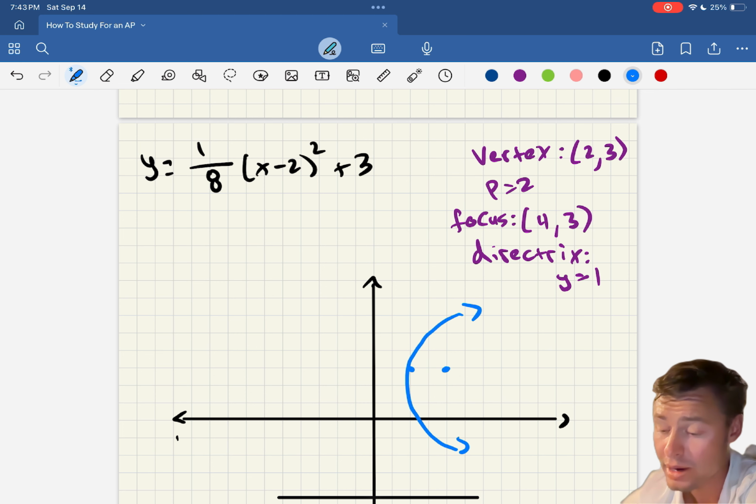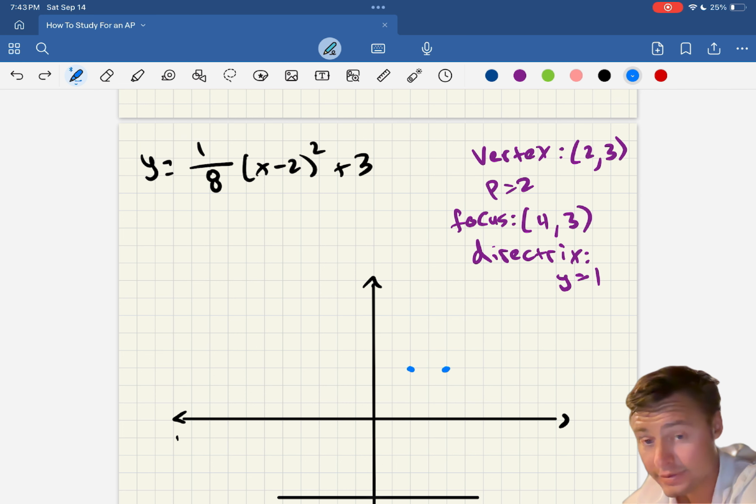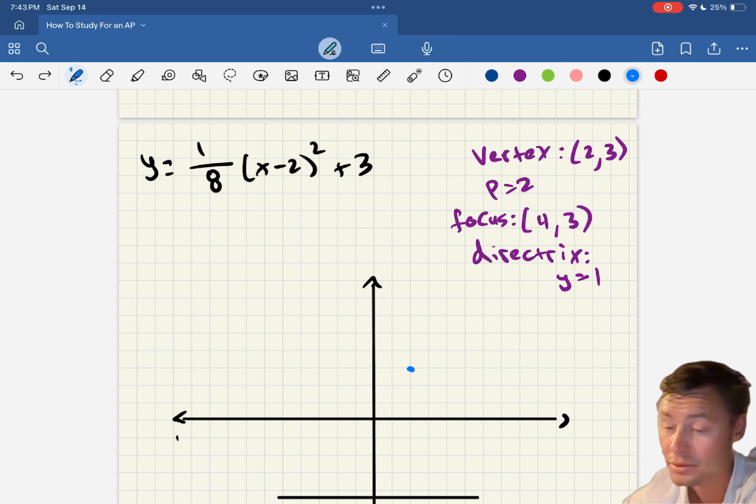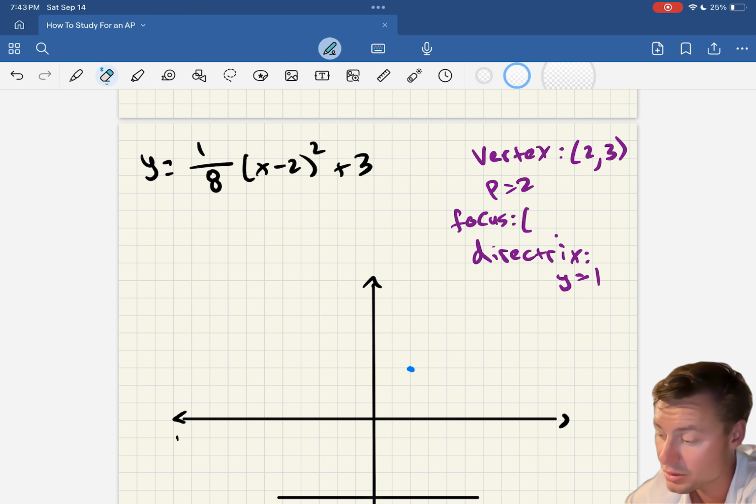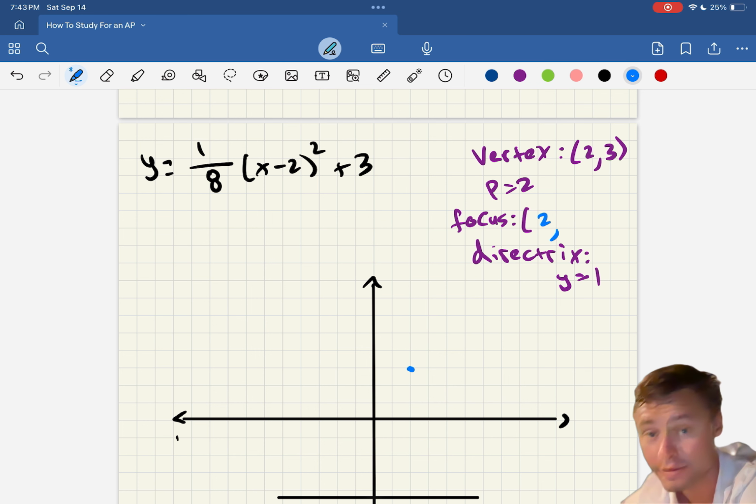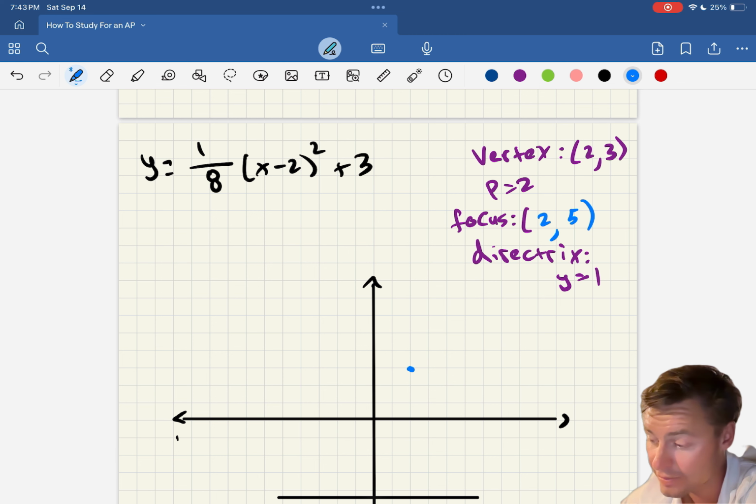But this is an x squared equation. So what did I do? Instead of adding 2 to my x value of my vertex, I should have added 2 to the y value of my vertex. So because p is 2, it would be 2, comma 5. Okay, so my focus is actually at 2, comma 5 right there.